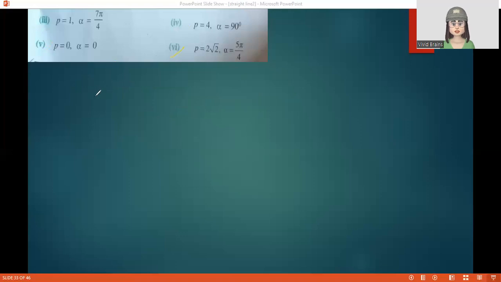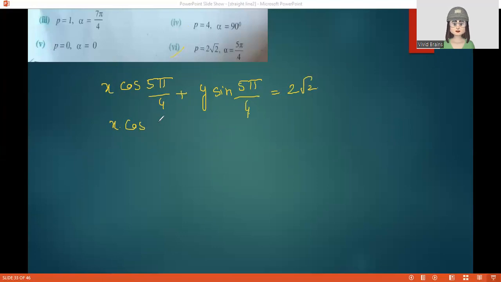Next, look at the sixth bit. P is equal to 2 root 2, alpha is equal to 5 pi by 4. So x cos 5 pi by 4 plus y sin 5 pi by 4 is equal to 2 root 2. 5 pi by 4 is 5 into 45, that is 225. So x cos 225 plus y sin 225 is equal to 2 root 2. Okay.